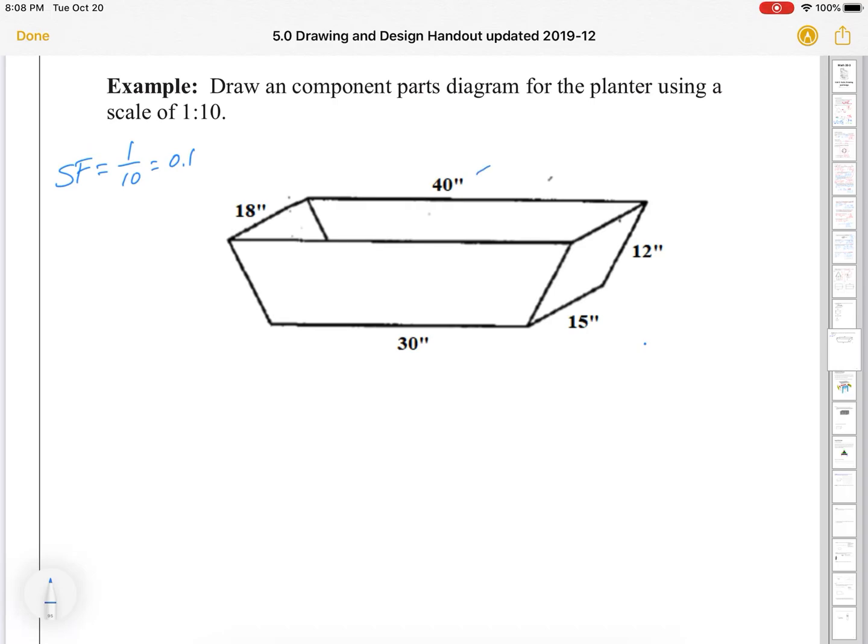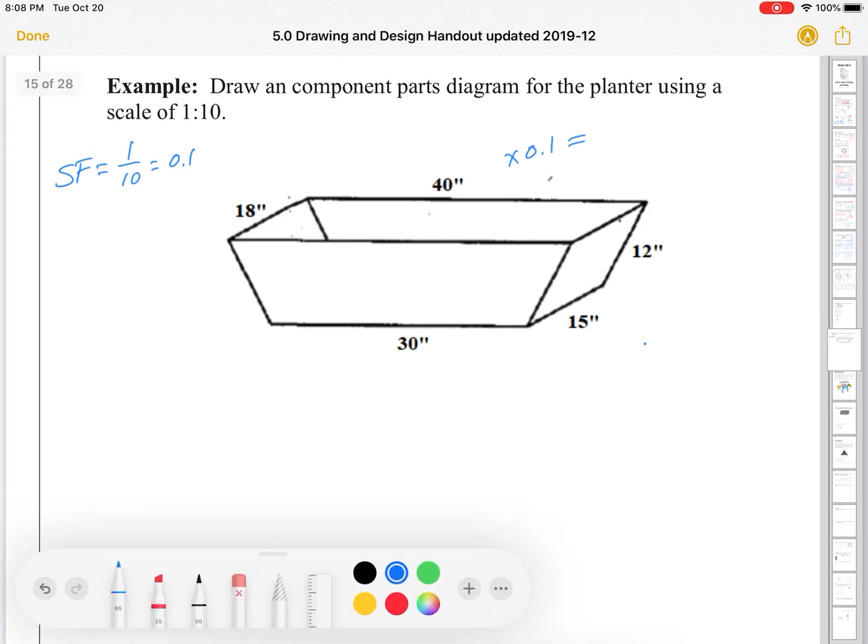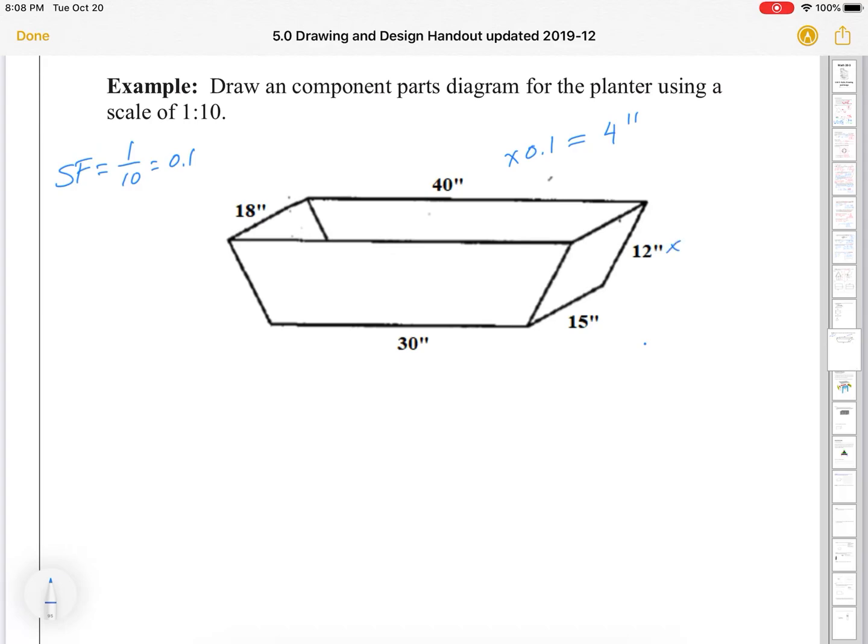40 inches, with the scale factor, we would times it by 0.1, and we would get 4 inches. We times our 12 inches by 0.1, and we get 1.2 inches.